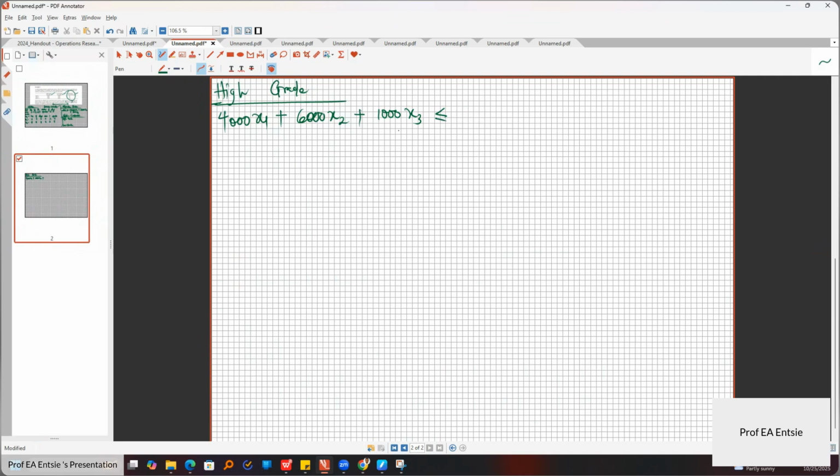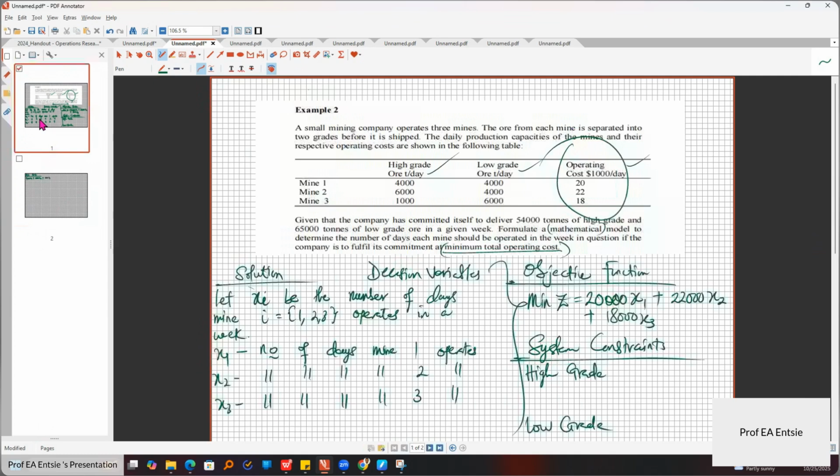Sometimes you need to be fluent in English so that you can answer some of the constraints. The company is committed. When you see someone is committed, what does it mean? It's a matter of English. It means the mines can produce more than that within the week.